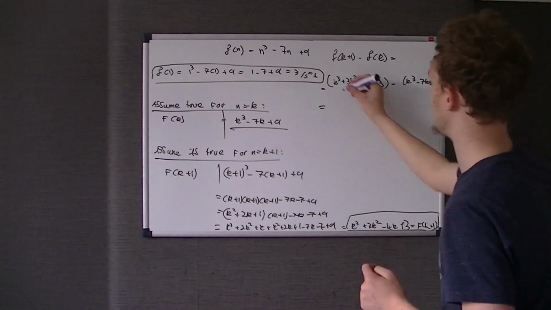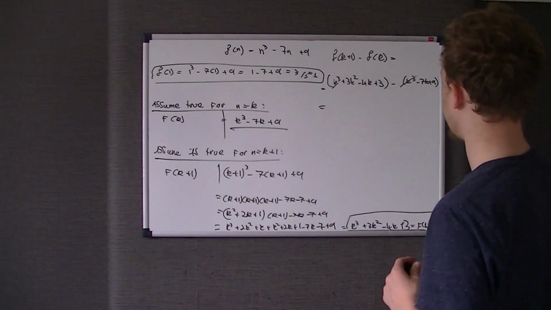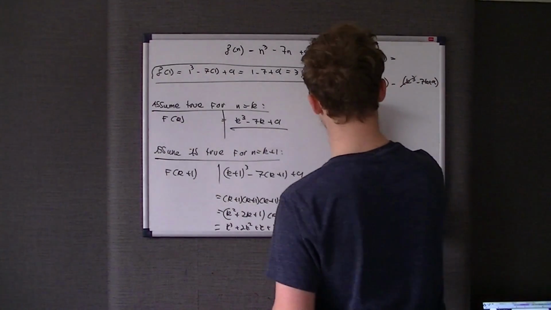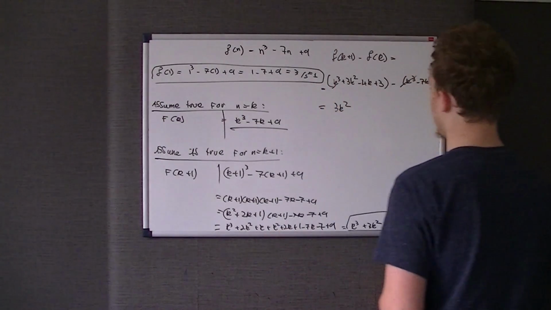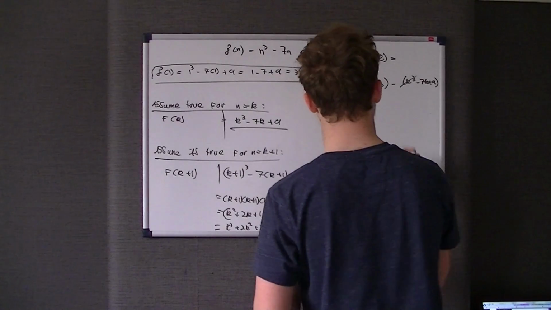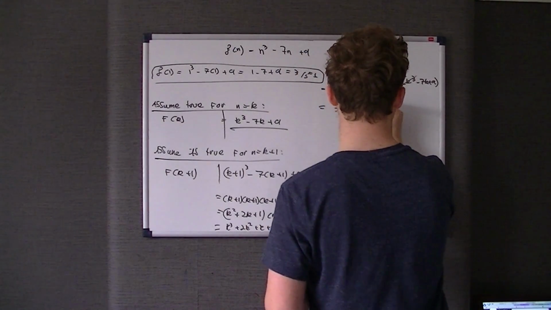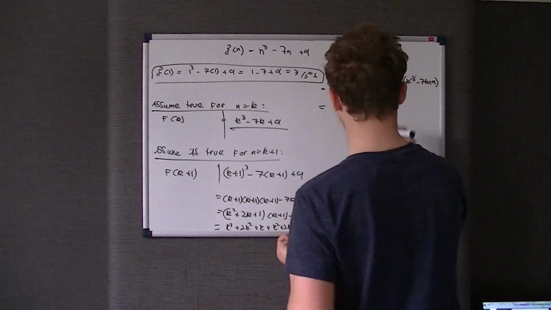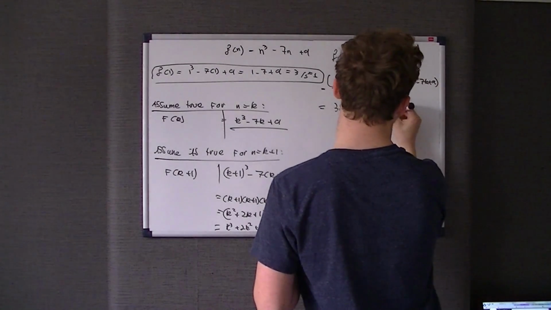Obviously the k cubed cancel, and the k squared just remains, so 3k squared. The k's: minus 4k minus 7k, in other words minus 4k plus 7k, so it's plus 3k, and then 3 minus 9 is minus 6.